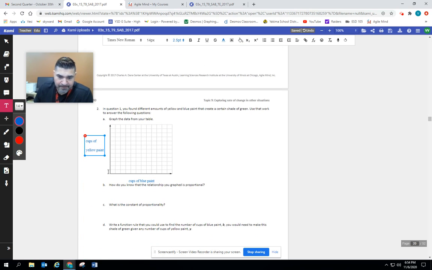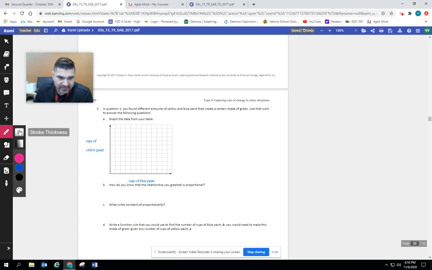So for every 2 cups of blue paint, so 1, 2, I have 1 cup of yellow. So I'm going to go ahead and make a dot. So for every 2 cups of blue, I have 1 cup of yellow. Okay, if I have 0 cups of blue, I have 0 cups of yellow as well. Okay, so if I have another 2 cups of blue, I have to add another yellow. And I'm going to keep following this pattern.